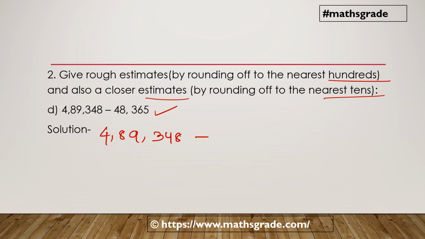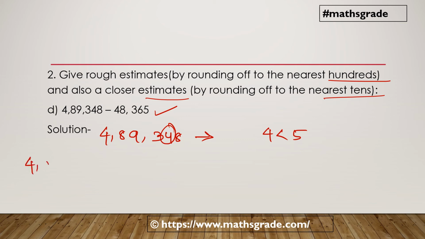So 4,89,348 rounded to the nearest 100. First look at the tens place digit. Your tens place digit is 4, and 4 is less than 5. So we don't add 1 to the hundreds place digit. Write down 3 as it is and 0 in the tens place and unit place digit. That is, 4 and 8 change to 0.